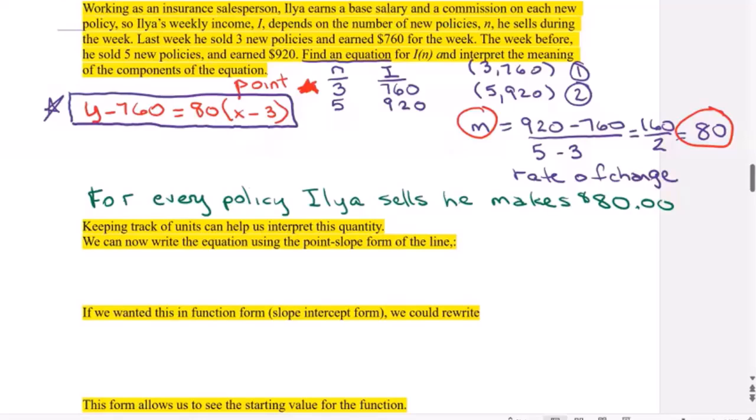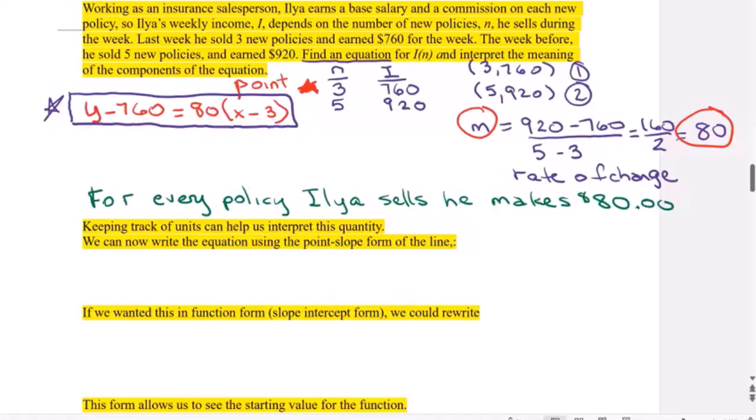If that's true, then 3 times 80 would be 240, but he's making 760. 5 times 80 is 400, but he's making 920. That's because he's obviously getting a base salary, and then he's getting a commission on every policy over that.